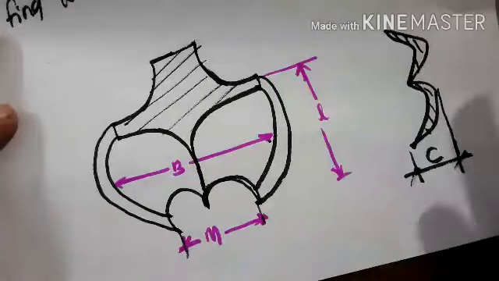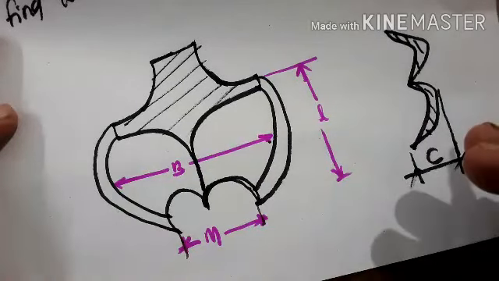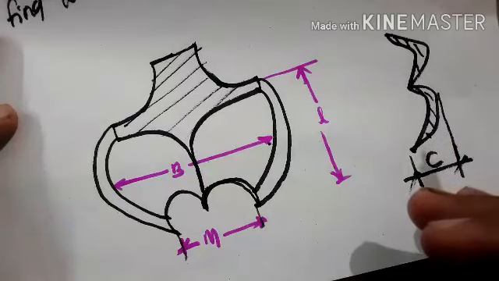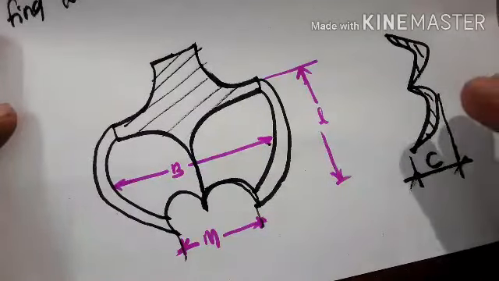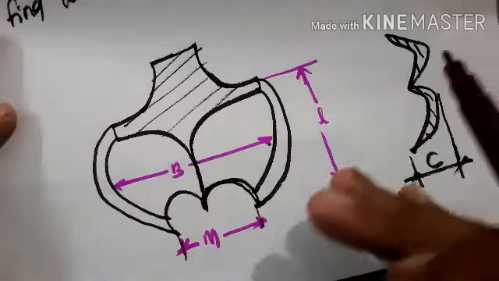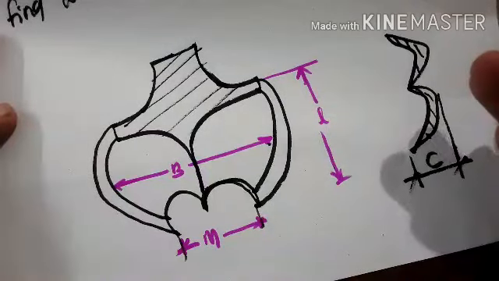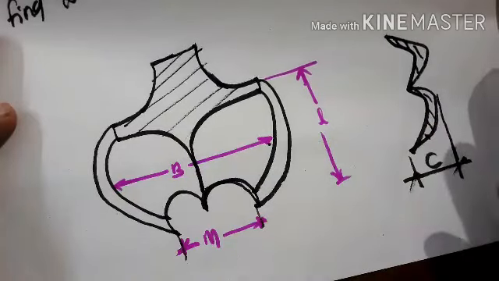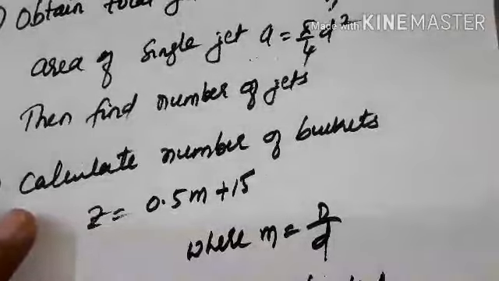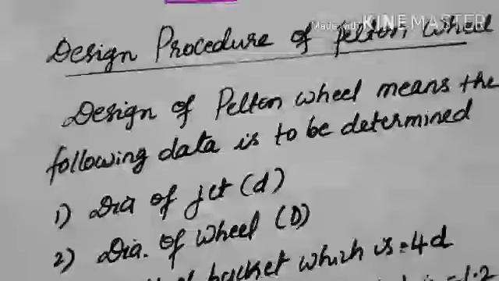Next we'll take one numerical problem and try to understand the procedure we have discussed so far. You can easily understand the procedure if we solve one numerical problem. So try to understand this design procedure.